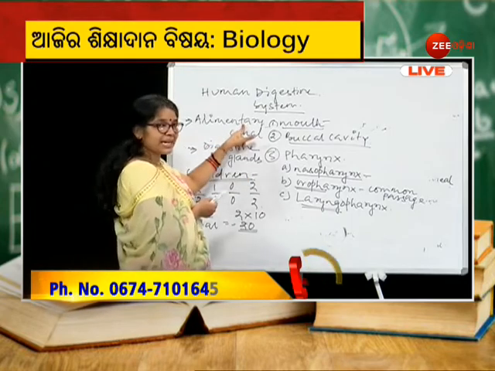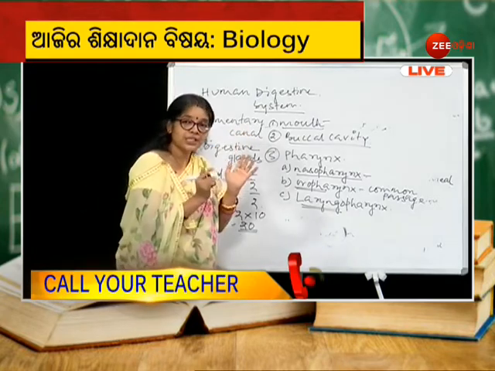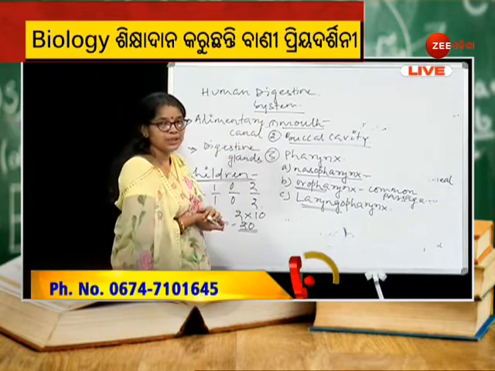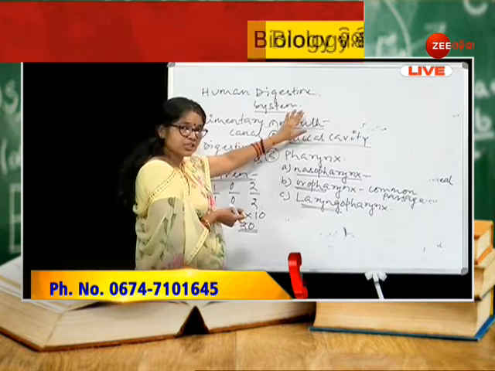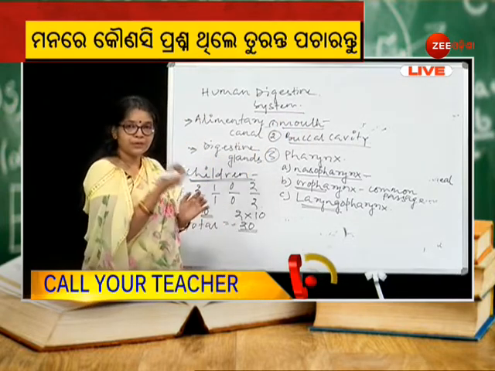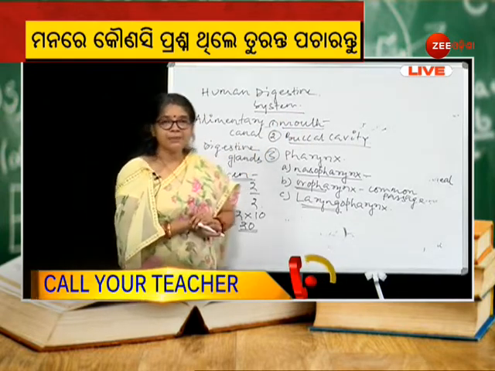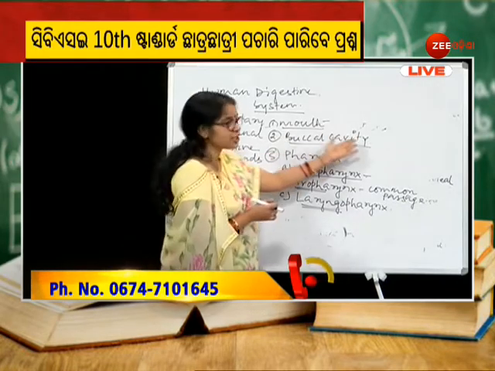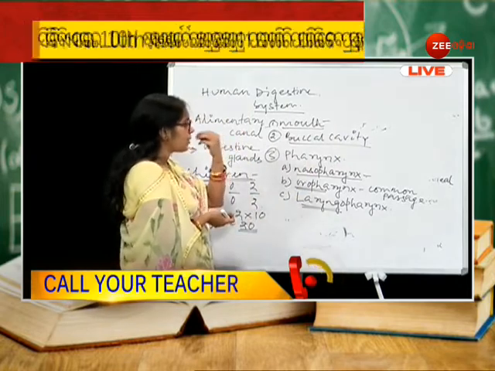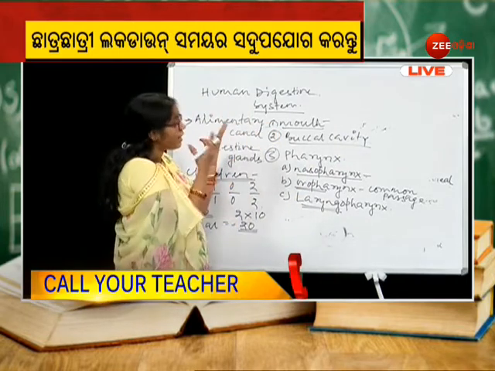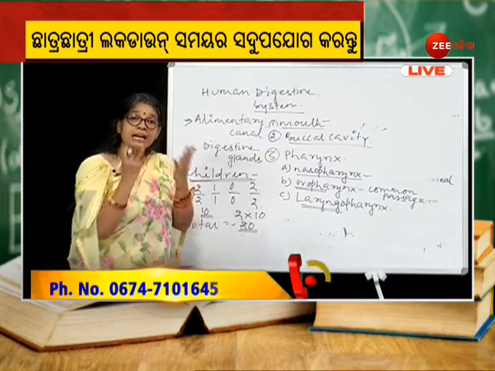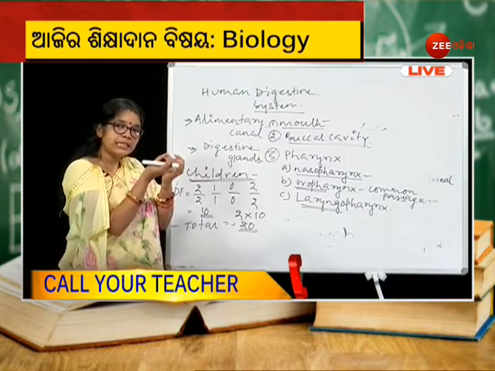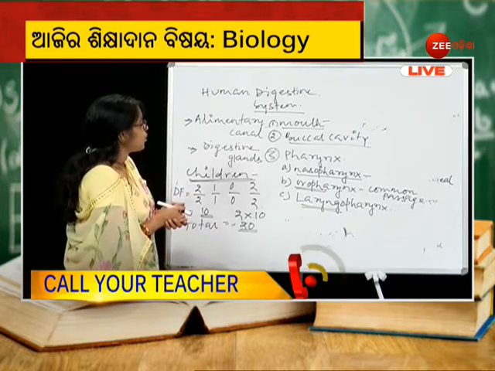The alimentary canal is formed by a number of organs, starting with the mouth and ending at the anus. The first part is the mouth, through which the food enters, guarded by two lips, the upper lip and the lower lip. The next part is the buccal cavity. When we open our mouth, we can see a large cavity, known as the buccal cavity. So the mouth leads into the buccal cavity.